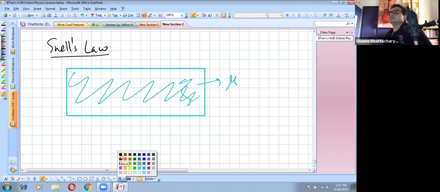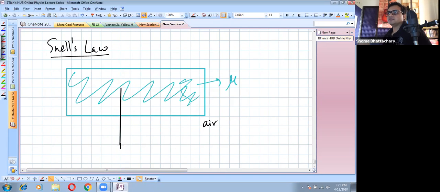Let's take that as the first case. Imagine at a particular point we have an incidence. I'm drawing the normal first. We have a ray of light incident from air to a point on the interface. There's a plane interface of a denser medium.